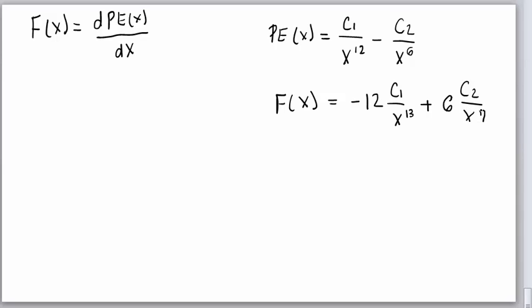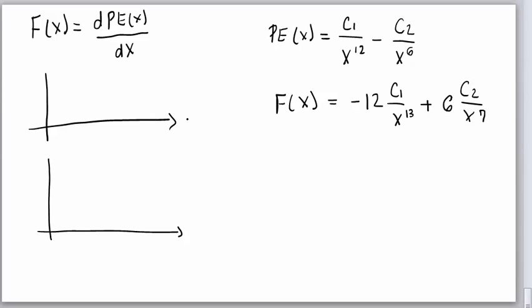If we plot these next to each other, let's draw two axes, and this is the x direction here and the x direction here. This is our potential energy, this is our force, and we know that we have some equilibrium separation xe here.